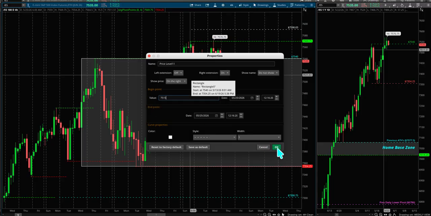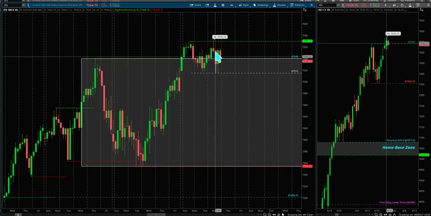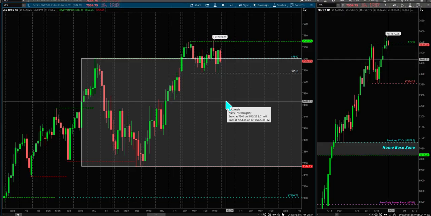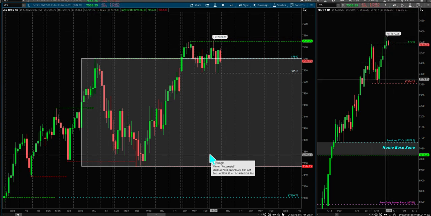Very easy. Let me see, 75.15 now. That's the sell trigger for tomorrow. If we break under here and can't recover it, that is our sign to avoid longs because the market has entered a consolidation state.